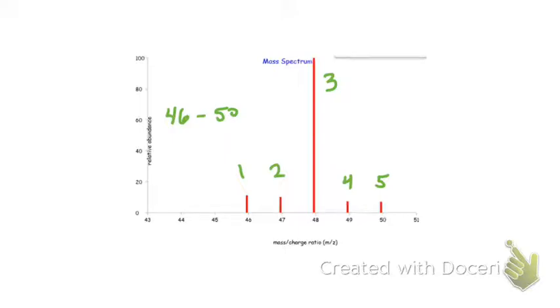But I'm looking for the average mass. Now, I can estimate it without doing calculations. I know in my head that my mass has to be between 46 and 50, but because I have so much abundance of isotope 48, I know my average mass is going to be very close to 48. I asked you to calculate the average atomic mass from this data.